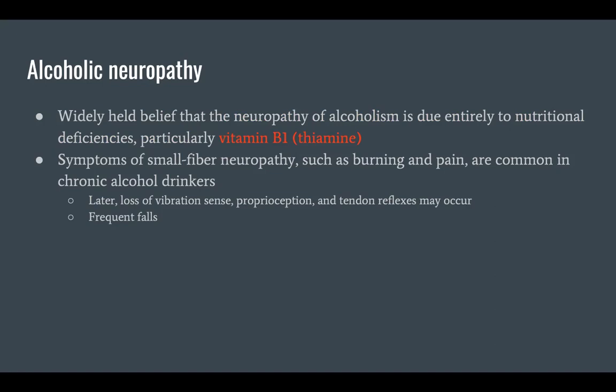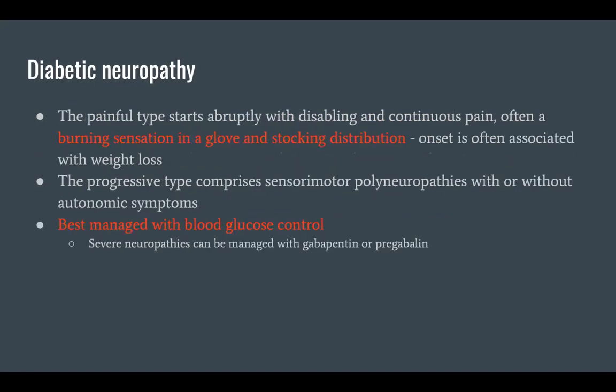They may have burning pain in chronic alcohol drinkers, and they may fall a lot. Diabetic neuropathies, we've already talked about. It's got that glove and stocking distribution, and it's best maintained with good glucose control, which is harder than you think because people love their little Debbie cakes.